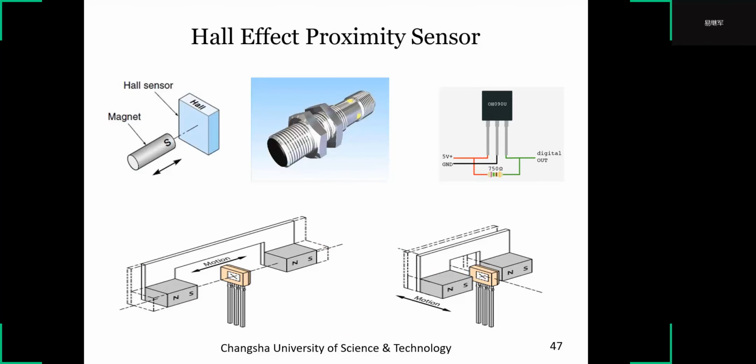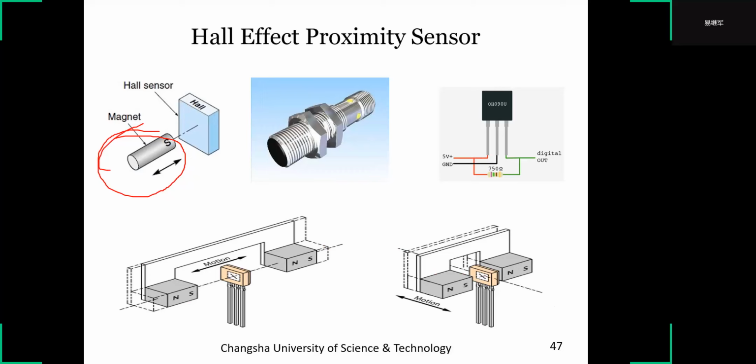Hall effect proximity sensor, the principal structure is magnetic. This is a Hall element.